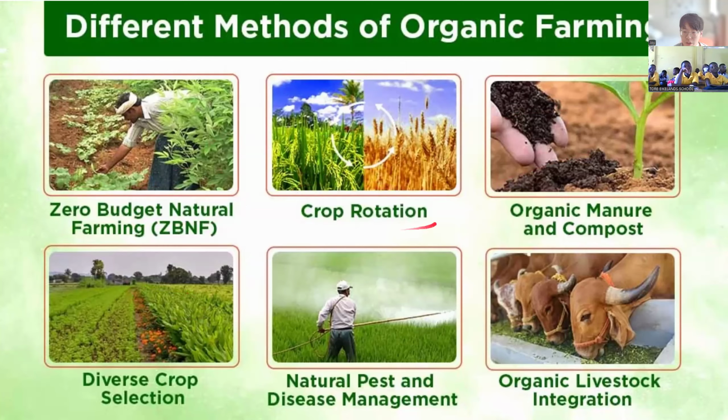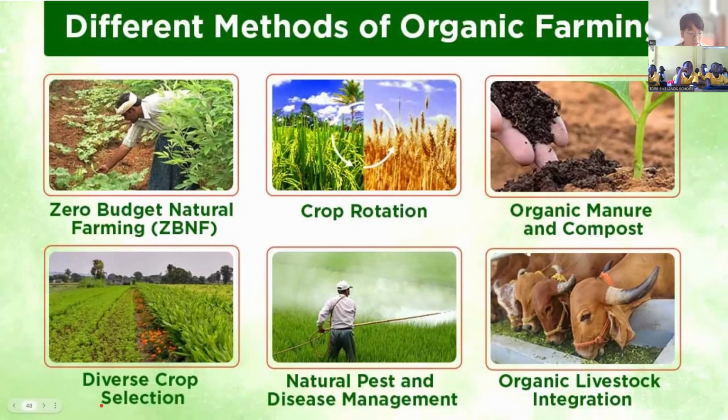There's also crop rotation that we've talked about. Every year we plant different crops and rotate them to maintain the soil fertility. And we also have adding organic manure and compost.